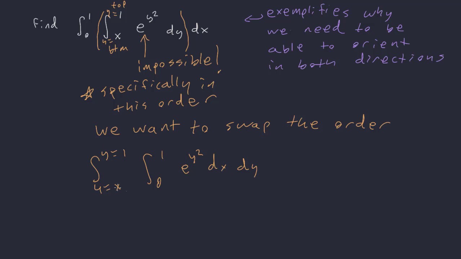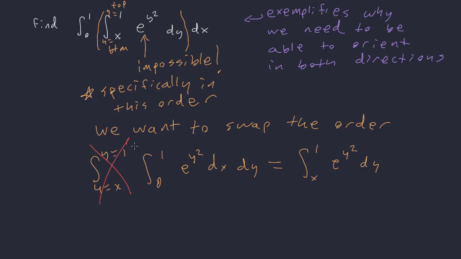Two, even if it did, since this is just a constant and we're integrating from 0 to 1, this would come out to just be the integral from x to 1 of e to the y squared dy, and we end up with the same problem, right? It didn't actually fix the problem. So remember, when we swap the order, this is what's not right. We can't have variables on the outer integral. They have to be on the inner integral.